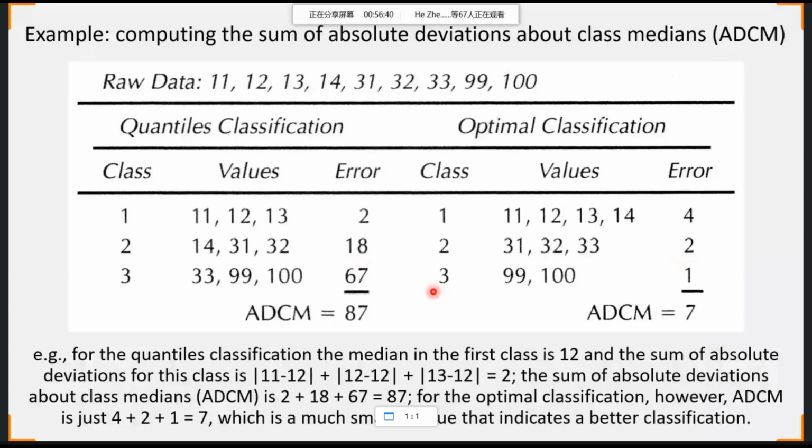In the third class, you have 99 and 100. Here you have an error of 1, and here you have an error of 67. So if you have this raw data and you need 3 classes with optimal classification, you would get absolute deviations about class medians of just 7. And here this is also described.